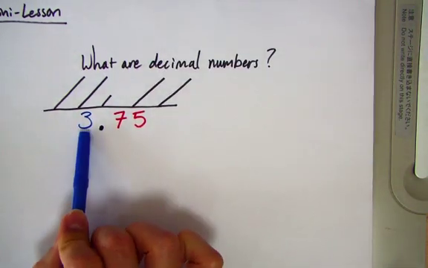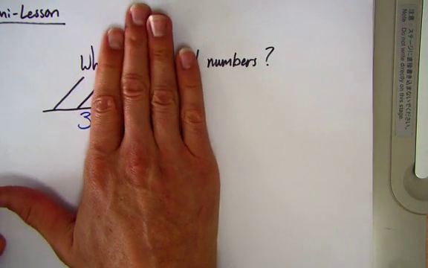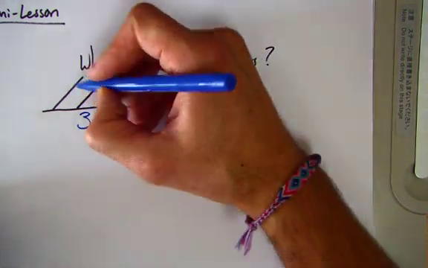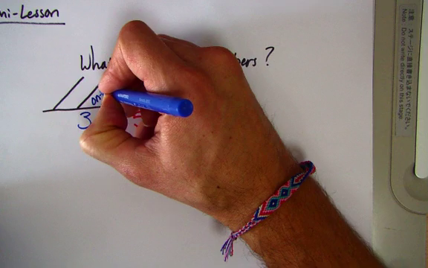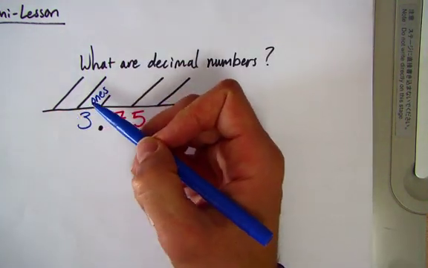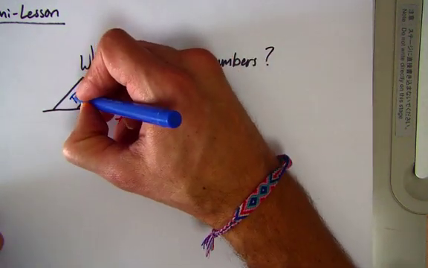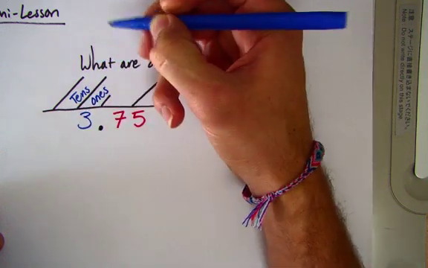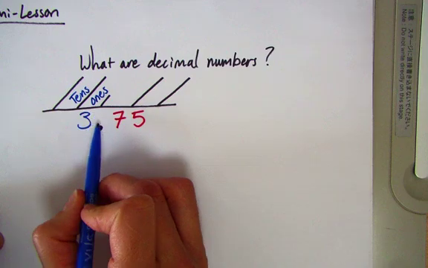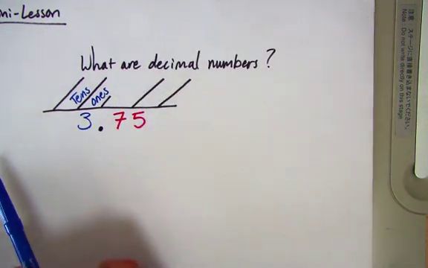This place value right here, if you just saw that by itself, that 3, what would be the place value? You would say, oh, that's the ones place value. That's the ones. And what is this place value then? You would say it was the tens. So we have tens right here. We have nothing in the tens. We have 3 ones. But then what do you call these place values?